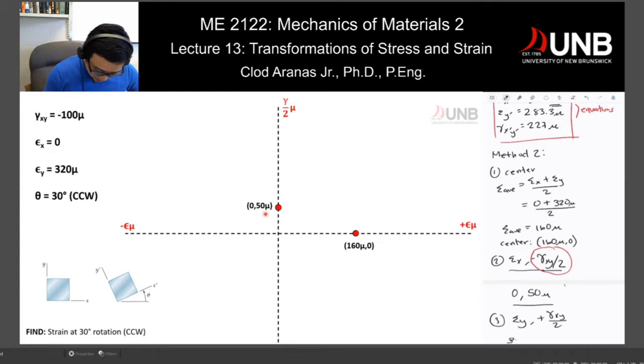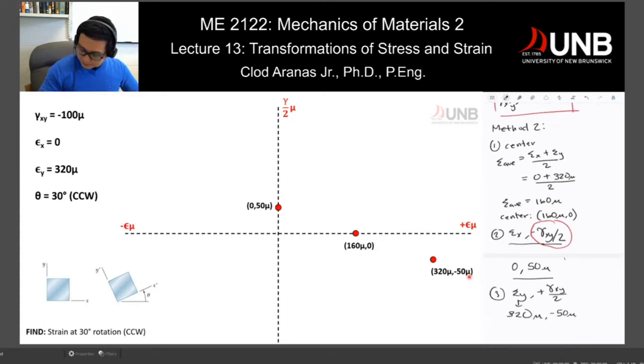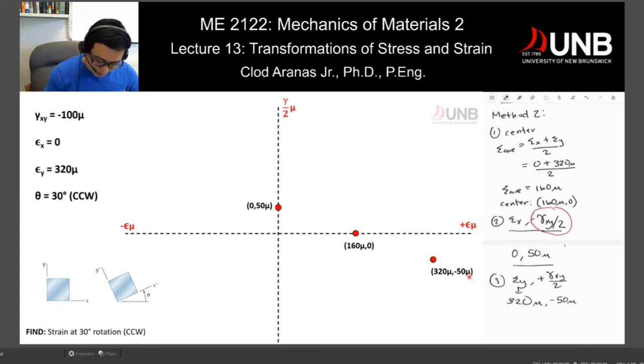Take note, your epsilon sub y is 320 mu, and the y value would be negative 50. If we're going to plot that one, this will give you this point here. So we have 320, a positive number, and negative 50, and those are the 2 points.